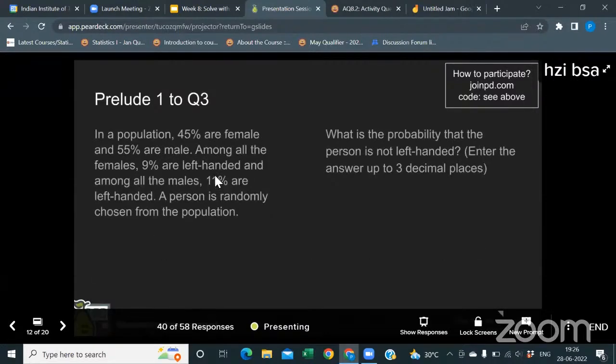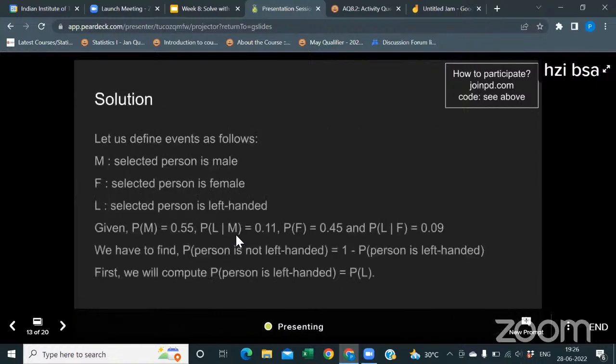Among all the males, 11% are left-handed. That means the probability of being left-handed given male is 0.11, and the probability of male and the probability of female are given to you. The question asks for the probability that the person is not left-handed, right?